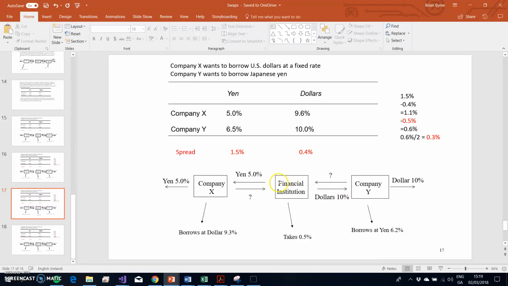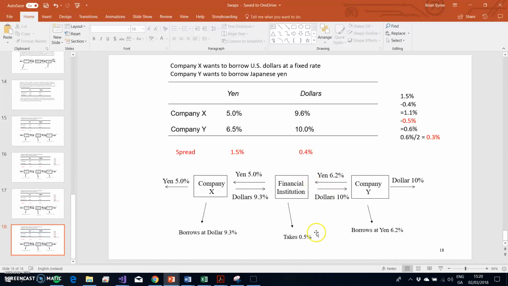And likewise here, if company X is receiving 5 and paying out 5 in terms of yen, what rate paid to the financial institution would produce a net overall figure of 9.3% denominated in dollars? And again, these rates are predetermined. So in structuring a currency swap, we don't have the same degree of variability, where any number of combinations work. Only one set of combined payments actually works here to produce the outcomes.